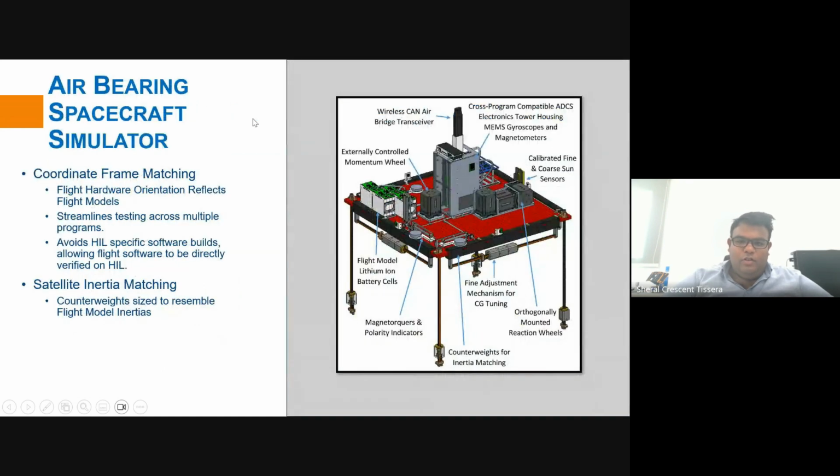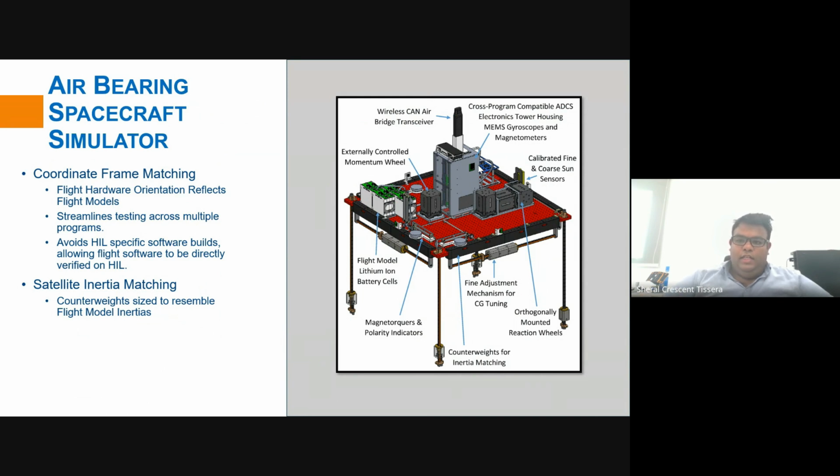So let me now show you the spacecraft simulator. There are multiple components of it. We have our flight electronics, and this flight electronics is identical to the ADCS flight electronics of the satellites.